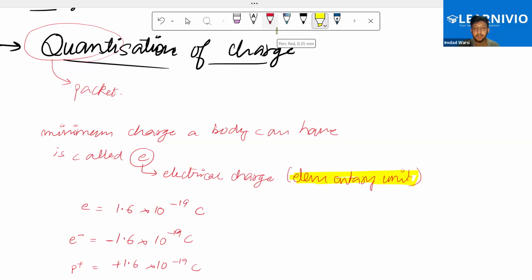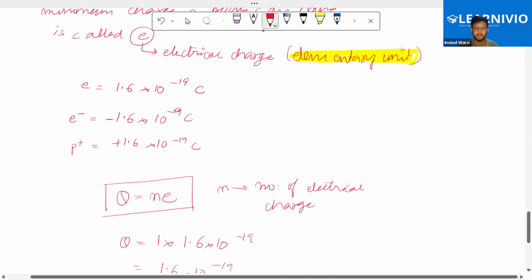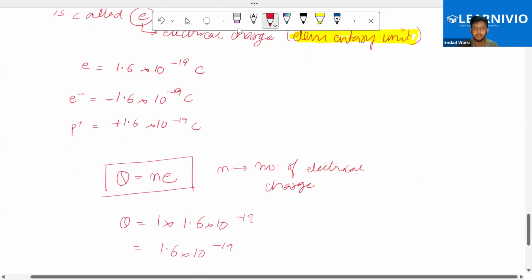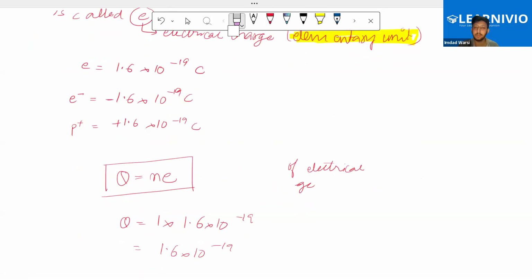When you have done writing, tell me, and I'll scroll the screen. Done? So if it is a proton, should we give the positive sign? Yes, proton means positive sign and electron means negative sign.